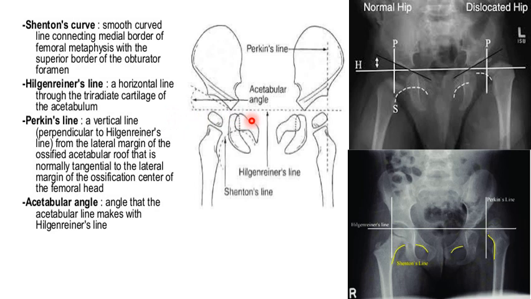So when the head is above the Hilgenreiner's line and lateral to the Perkins line, it is seen in the acetabular angle. So when that is seen, it confirms the dislocated hip, and it also confirms Shenton's line not being accurate.